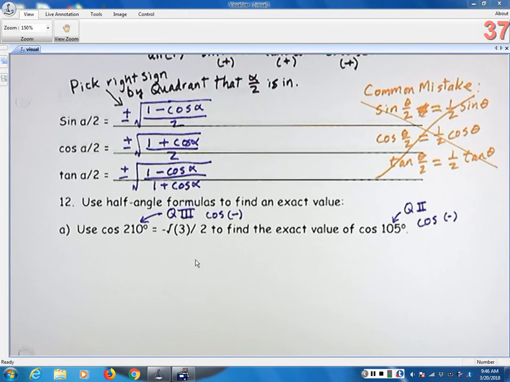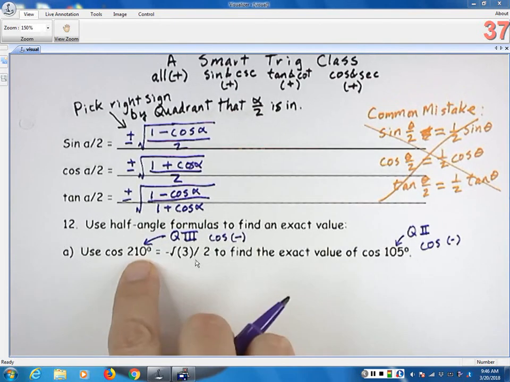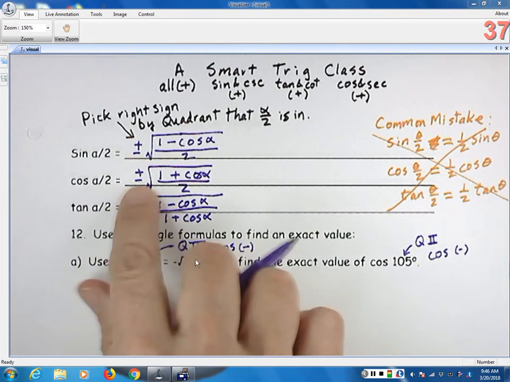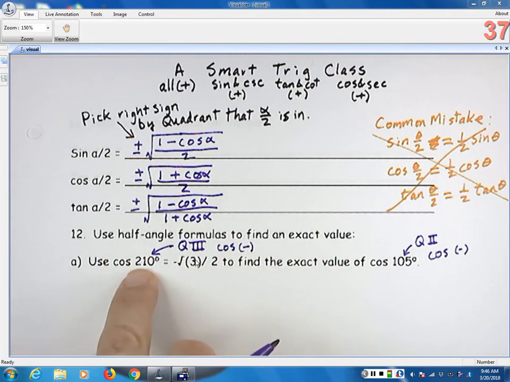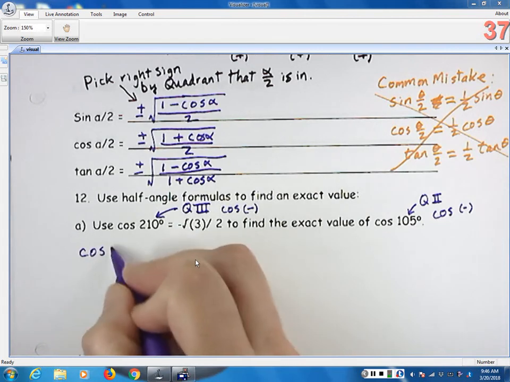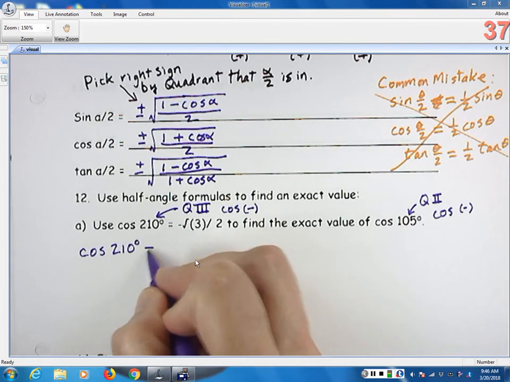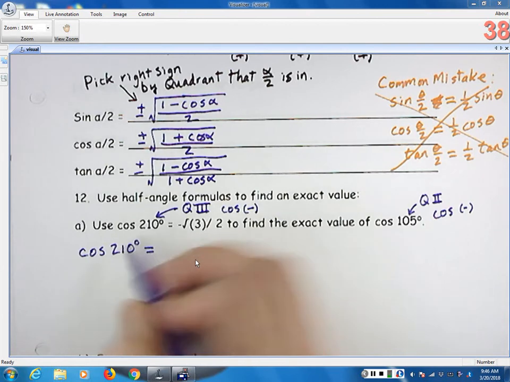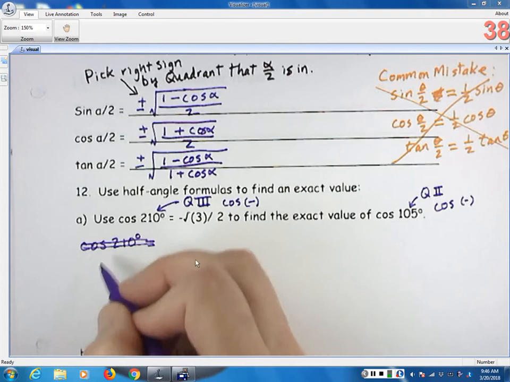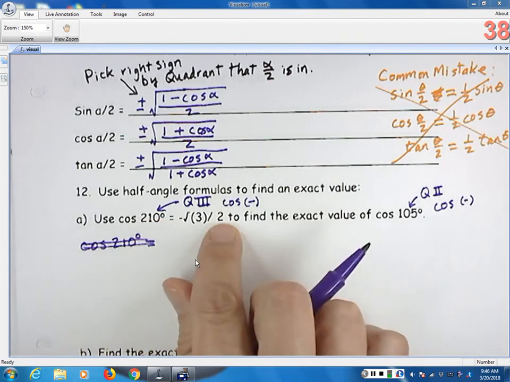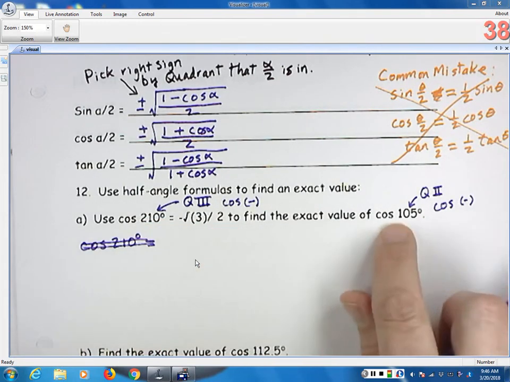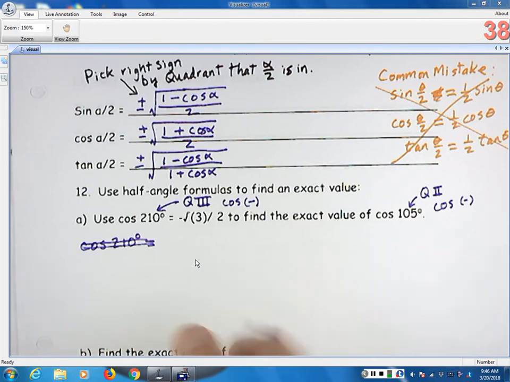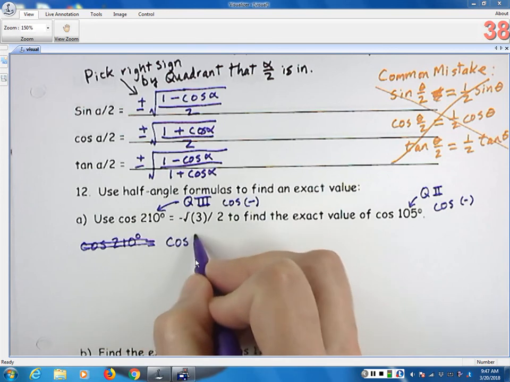Okay, so we're going to use the half angle formula for cosine. We're going to pick the minus sign because 210 has a negative cosine. Oh, no, wait a minute. That's not what we wanted. We're using this given value to find the half angle, which is not as easy to find. We're finding the exact value for cosine of 105 degrees.